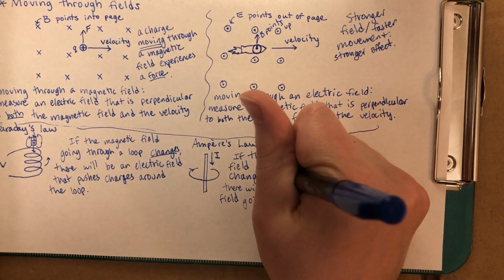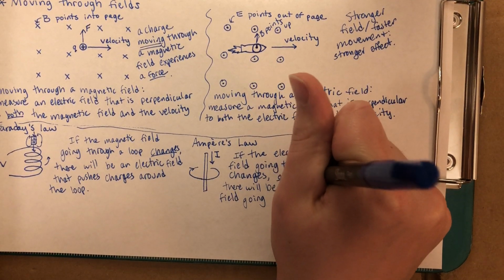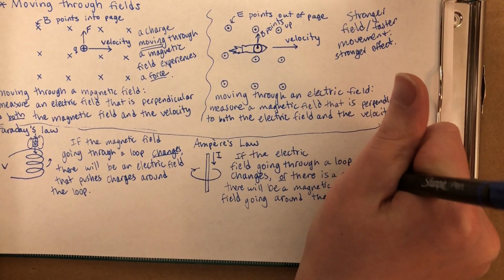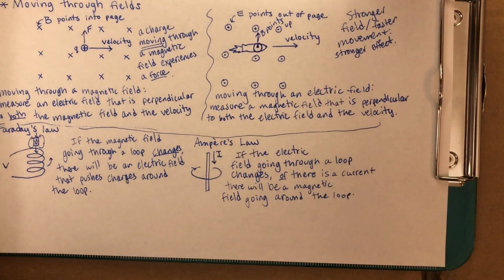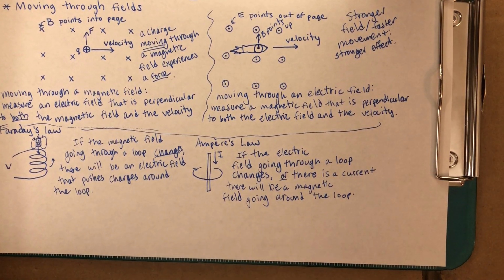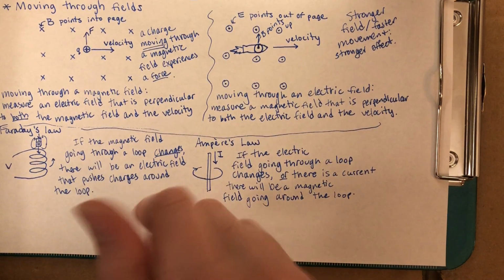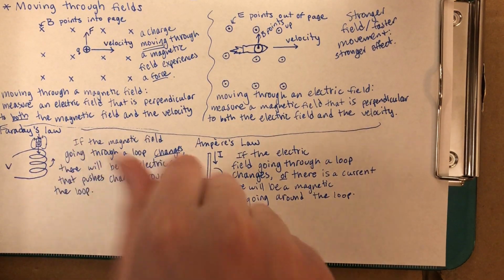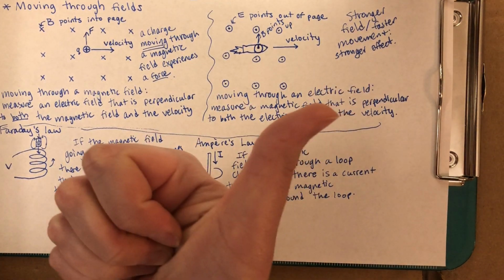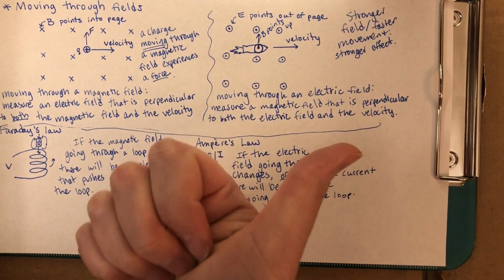So, or there is a current. That's why I left a little bit of space here. So we're kind of adding one extra thing to this, which is we can get an electric field going around based on a changing magnetic field going through. We can get a magnetic field going around based on either a changing electric field or a current.